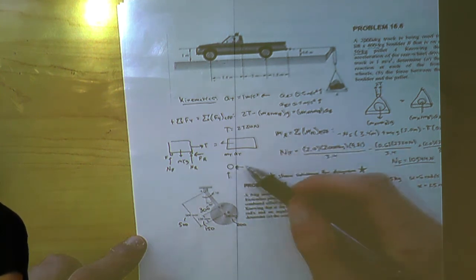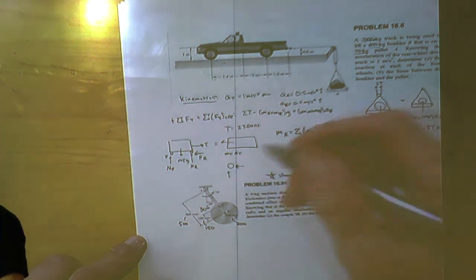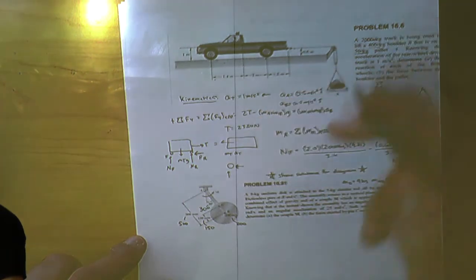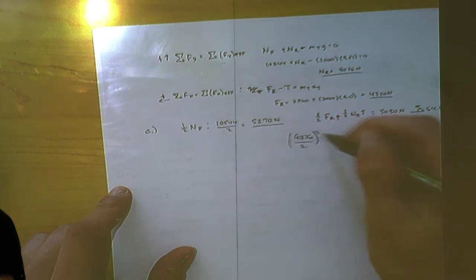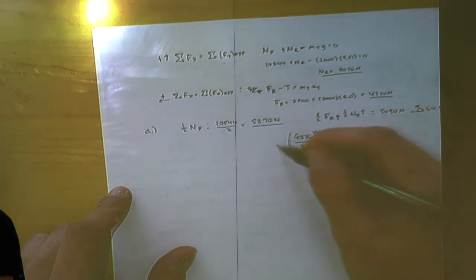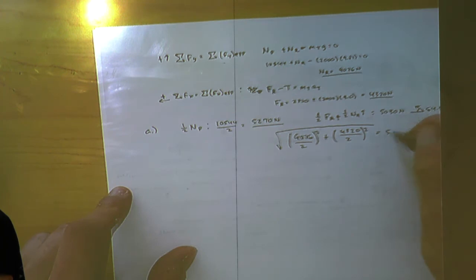So you square them both, add them together and take the square root of that. So it ended up being 9076 divided by 2 squared plus 4,320 divided by 2 squared. And you take the square root of that, and that gets you 5,030.